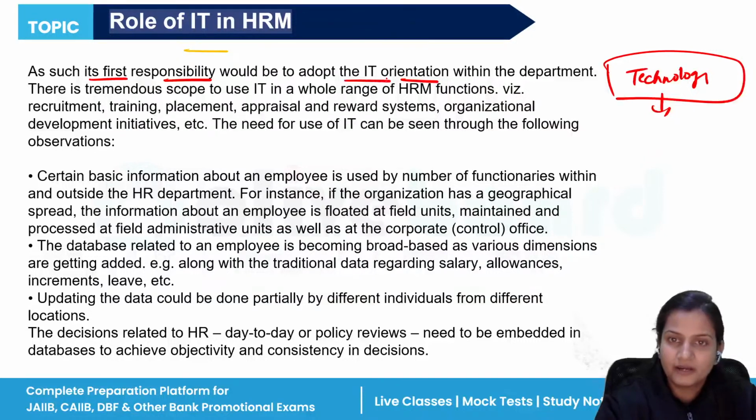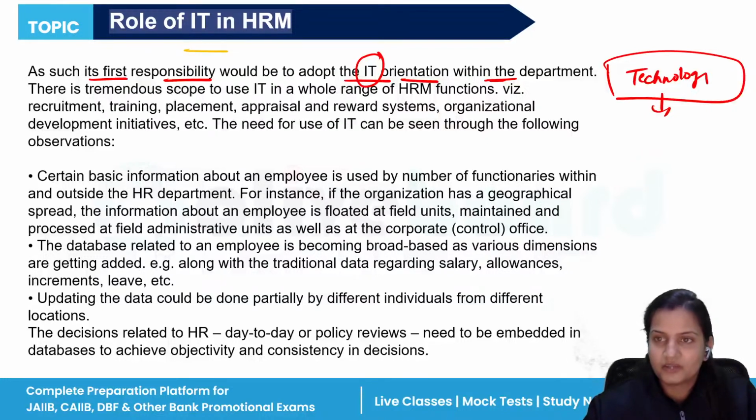For that, we have to adopt IT orientation within all our departments. In our organization we have several departments: finance, operations, marketing, product. So in every department, the use of IT is very important.